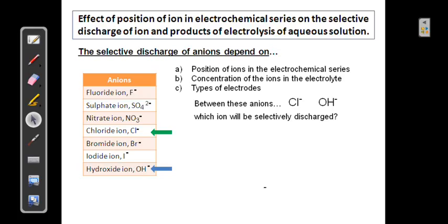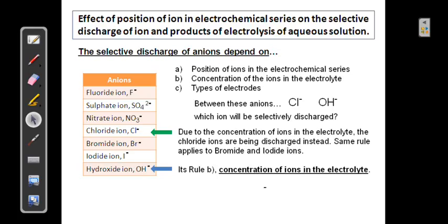Instead of hydroxide being selectively discharged, chloride is selectively discharged. This is due to the concentration of ions in the electrolyte. If the concentration of sodium chloride is very much higher than the hydroxide ion, then the chloride ions will be discharged instead.